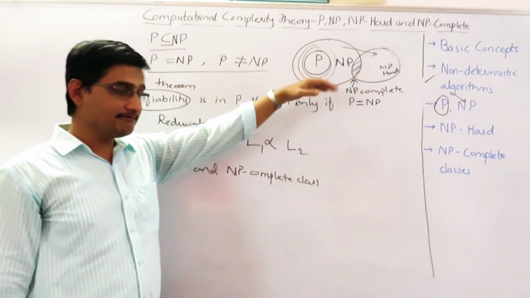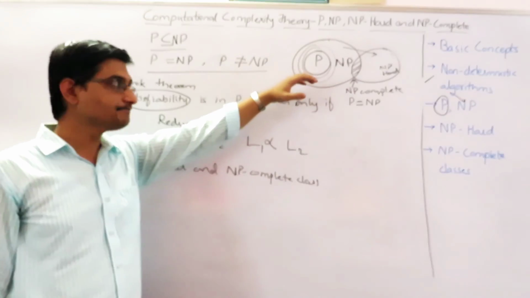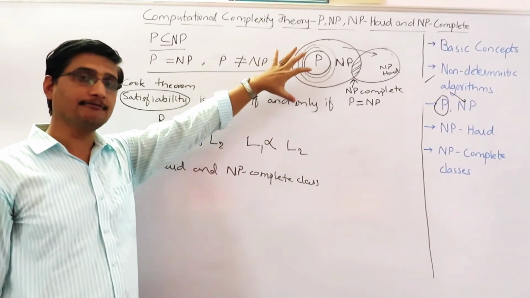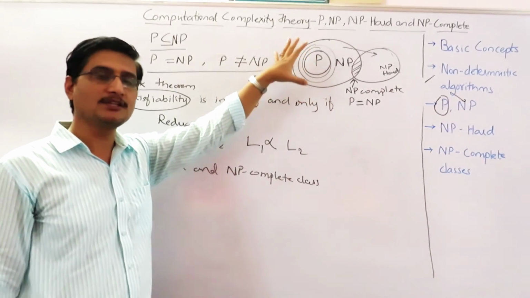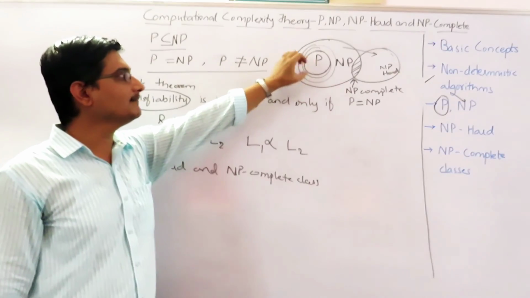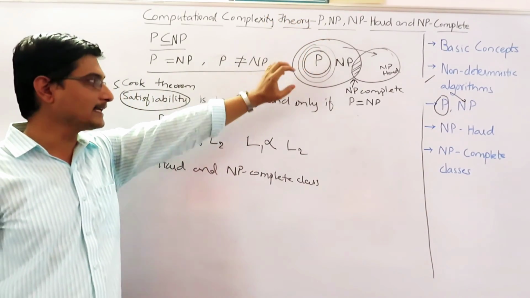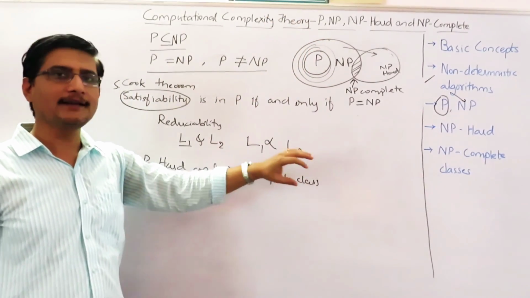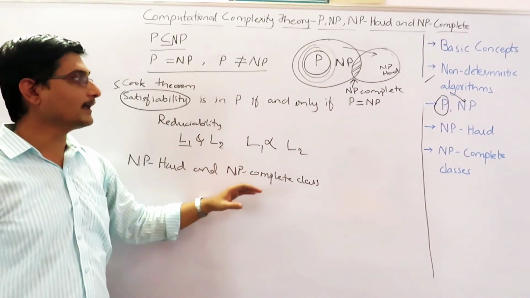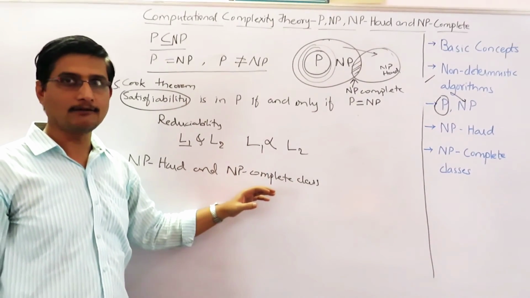But even though they are hard, we can solve them. If we are able to find a deterministic polynomial algorithm, then this circle is going to expand. So this is a very interesting area of research. One can think of doing this.